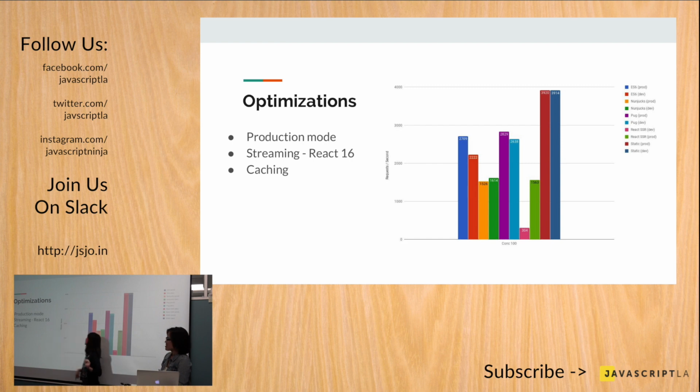It says requests per second on the y-axis. So essentially, if you're running React DOM in development mode, you can only process 304 requests per second, as opposed to if you're running in production mode, 1,563 requests per second. So it's a huge difference, as you can see, based on this very cute graph. Why is that?